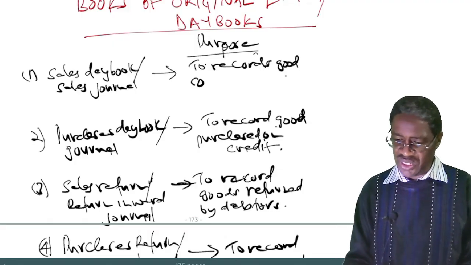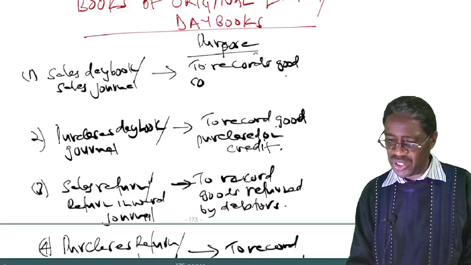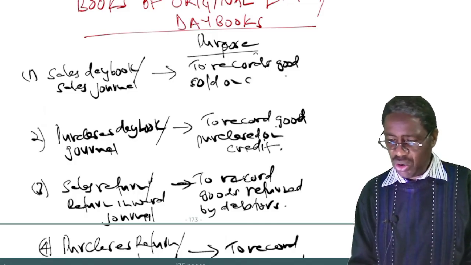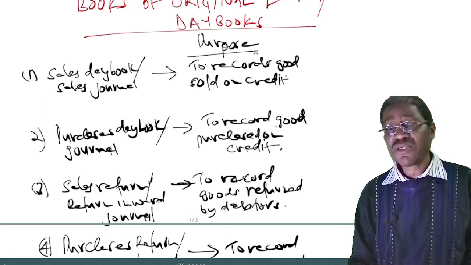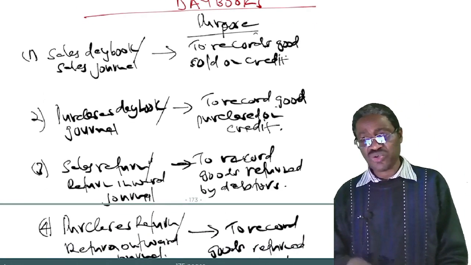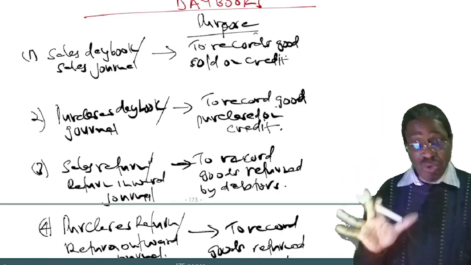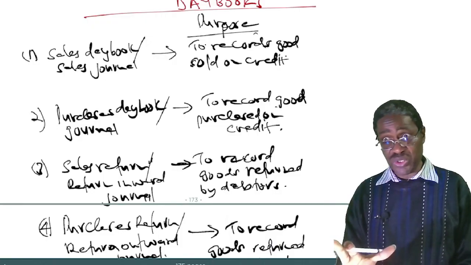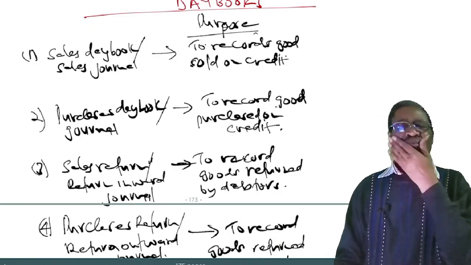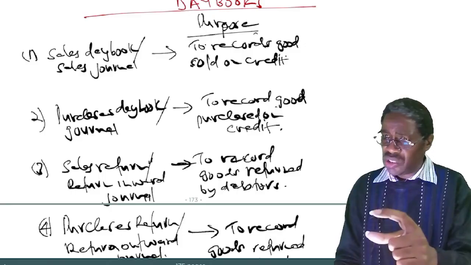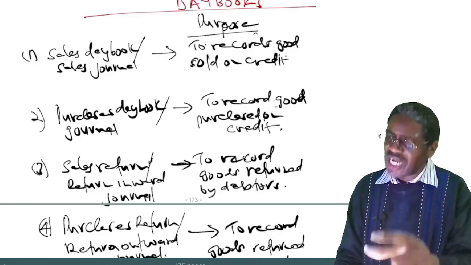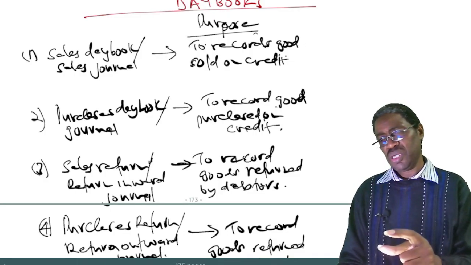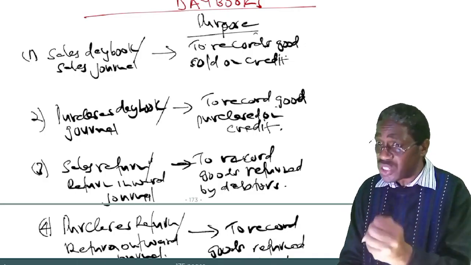Sorry, this is omitted again. So I say, to record goods purchased on credit, and this is to record goods sold on credit. Good. Now, let me explain. So now you know the purpose of each of the daybooks. Now, listen carefully: every transaction that is recorded in a daybook, that information must come from somewhere.